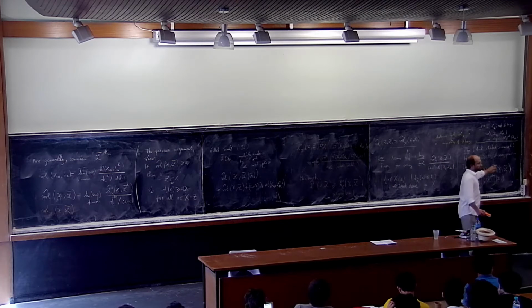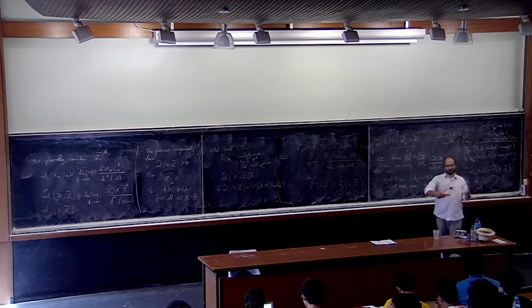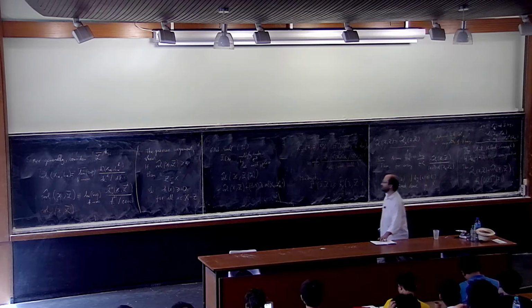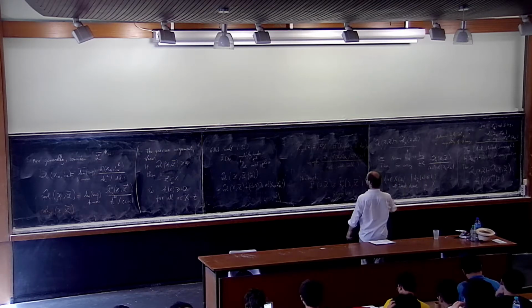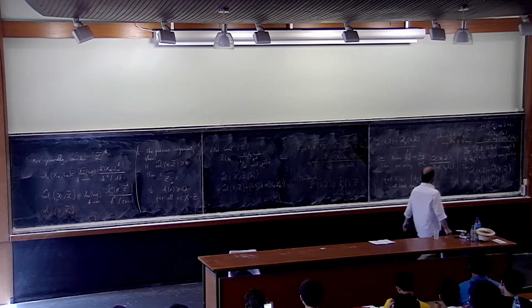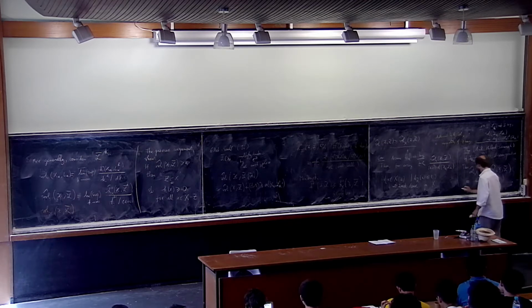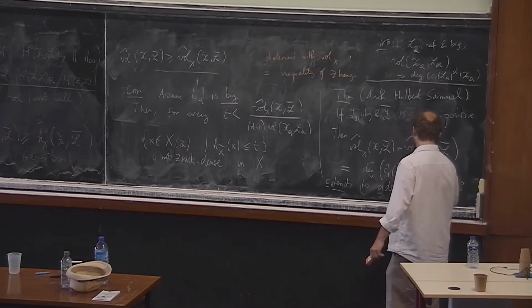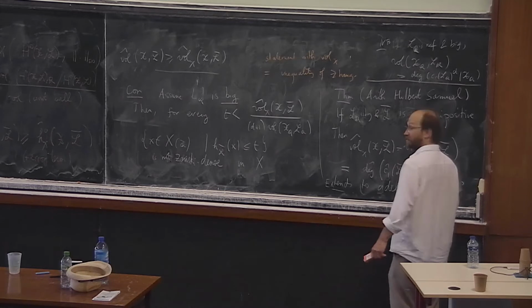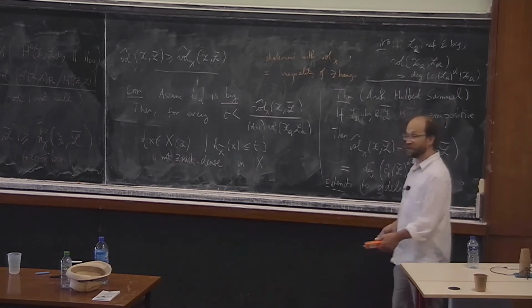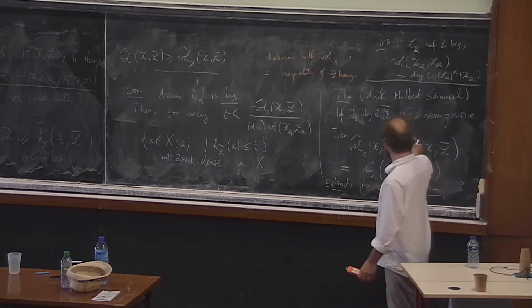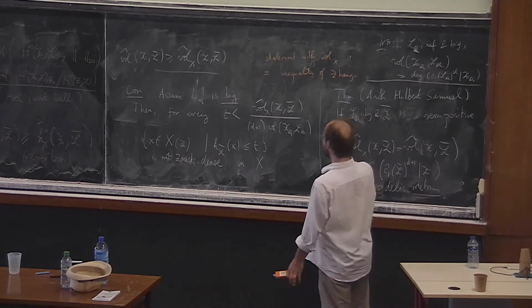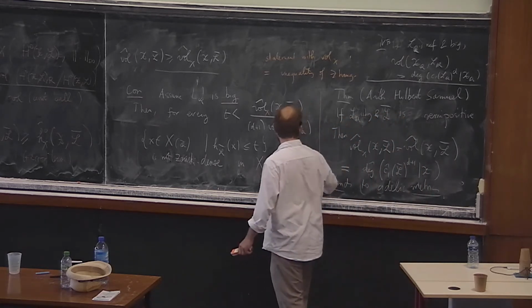The arithmetic volumes will converge to the volume plus error terms, but everything will match. So I will use these results. This is also true for adelic metrics, so this extends to adelic metrics. I mean, what extends is complicated. This extends at least.